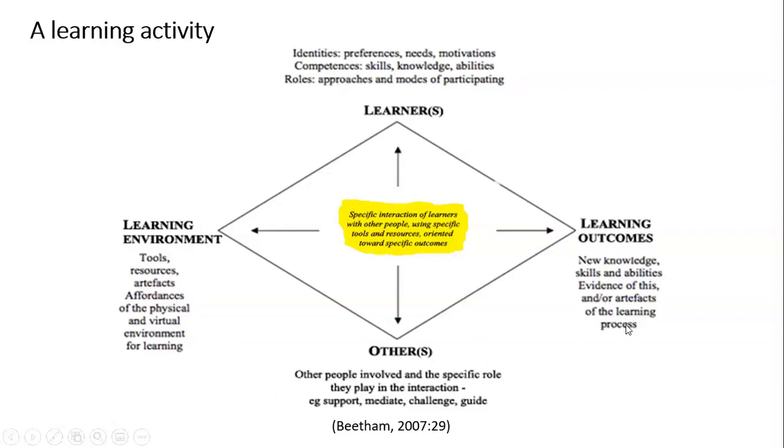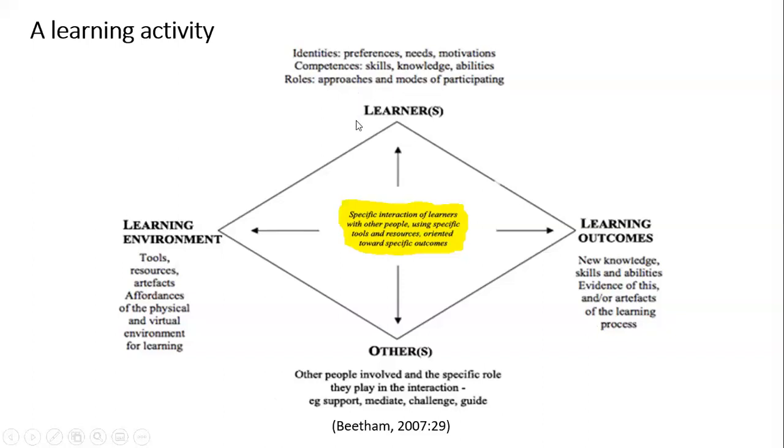So you could be thinking about, for instance, Bloom's taxonomy, which has got a number of verbs that can help you to build your activities and your learning outcomes as well. So what is it that you want your students to live with at the end of the day? Is it new knowledge? Is it skills? Is it creating an artifact or creating an essay in this instance that I've given? And so you're thinking about the learners themselves, what skills, what knowledge, what abilities they are bringing into the course already, and what you need to help them develop.